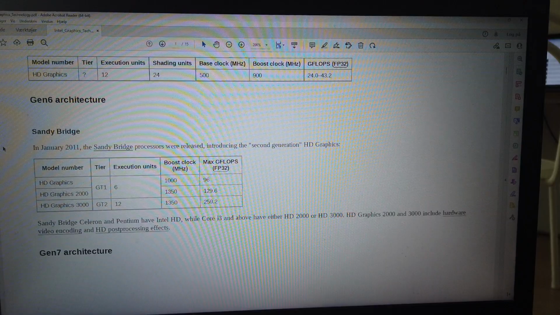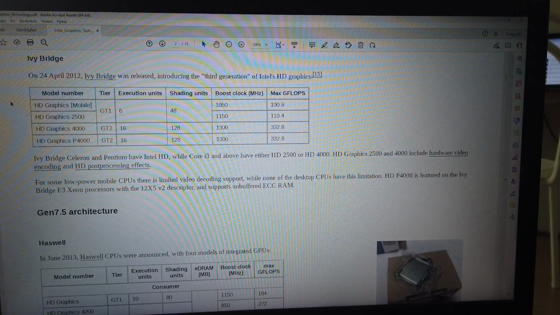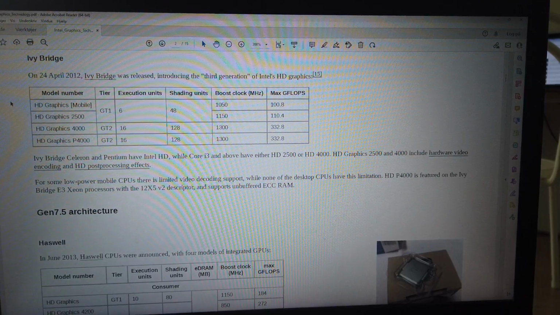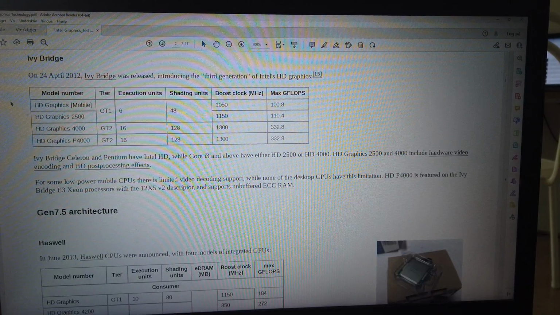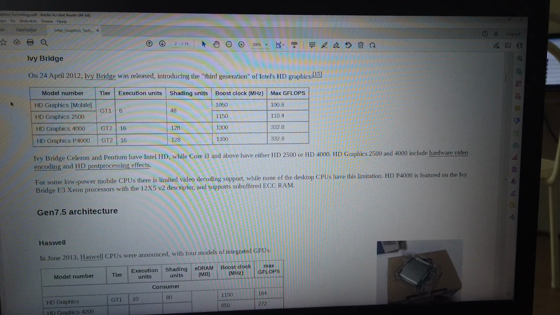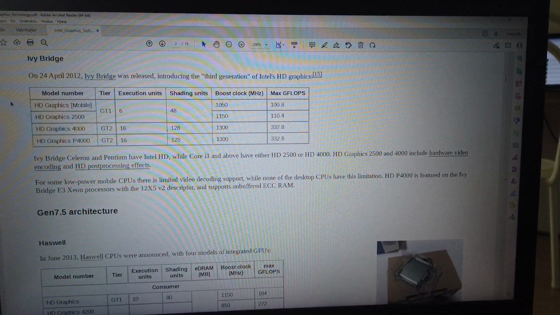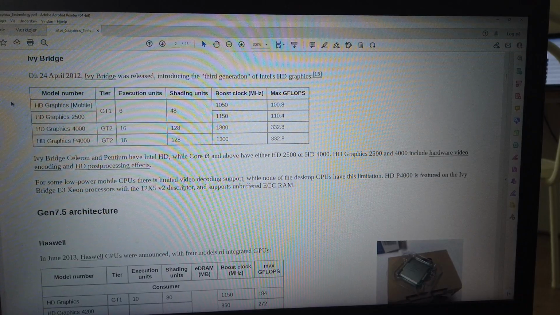Gen 7 architecture, Ivy Bridge. On the 24th of April, 2012, Ivy Bridge was released, introducing the third generation of Intel's HD graphics. Model number, execution units, shading units, boost clock MHz, max FLOPS. HD Graphics, GT1, 6 EUs, 48 shading units, 1050 MHz, 100.8. HD Graphics 2500, 1150 MHz, 11.4.